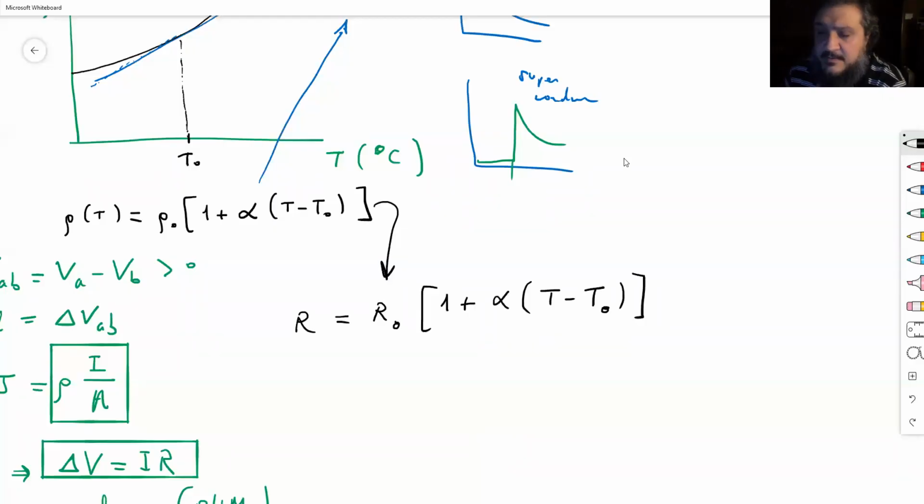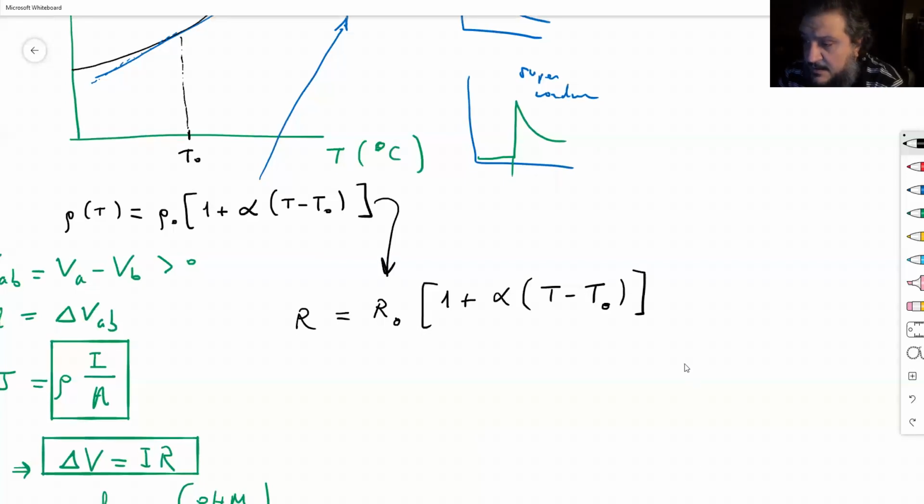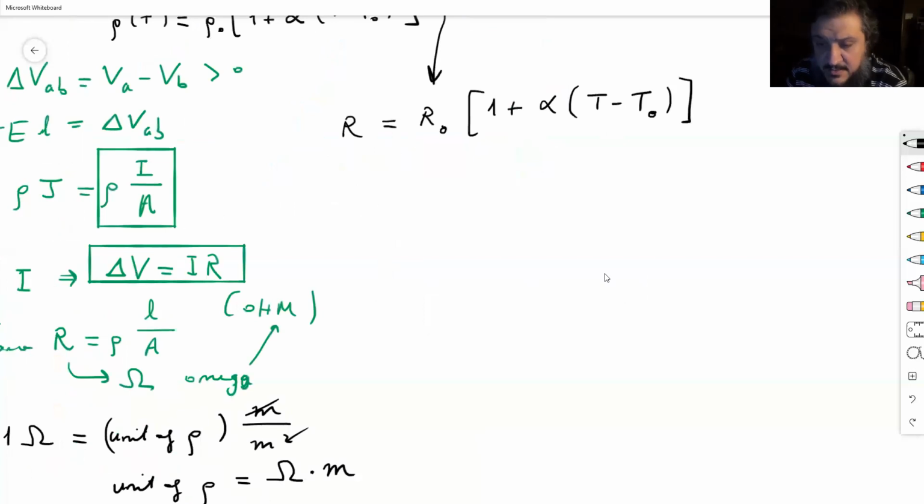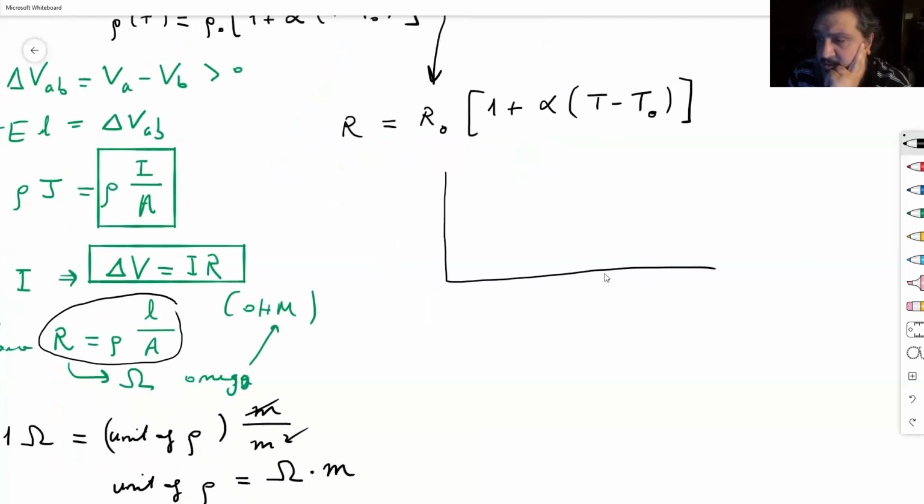Now, what if the shape is not a cylinder? Remember, we ended up with this relationship here between the length of the wire and the resistance and the area. What if we have some irregular shape? Or before irregular, what if it's a cone?